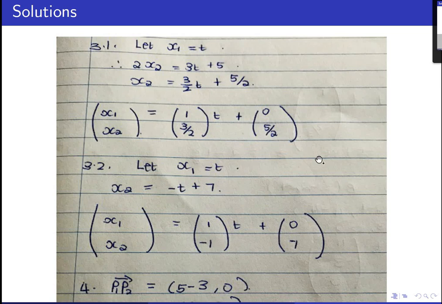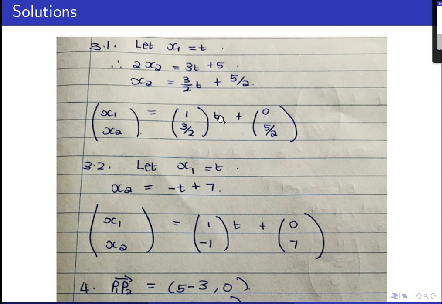But if you want to go on to write it in vector form, it's just the same as x1, x2. Remember, we're in R2. x1, x2 is equal to, for all t, right? For the first equation, we have 1, but we don't have the intercept, so we simply add 0.